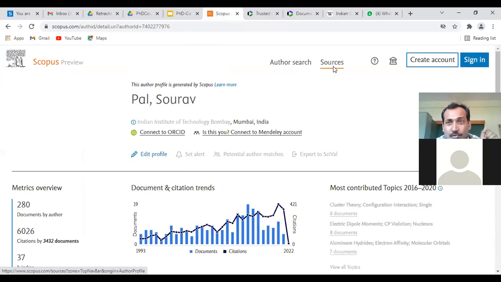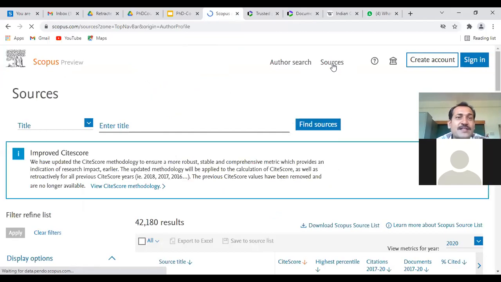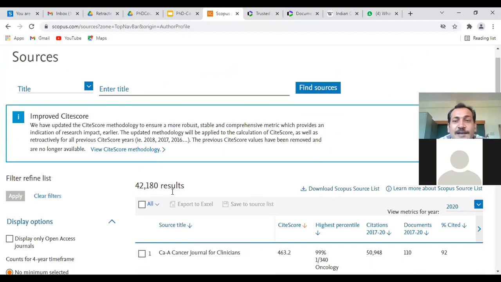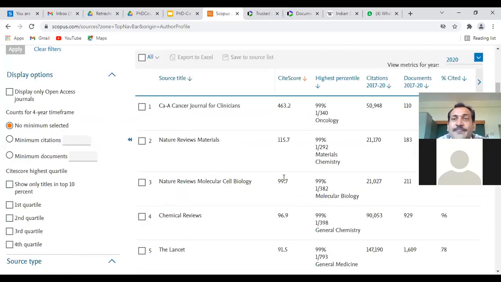For example, if you go to this website at this particular link, Sources, if you click here, you will see how many results, meaning this many research journals are covered, and that many research titles you will see, and their typical citation score. This is similar to the impact factor, right?